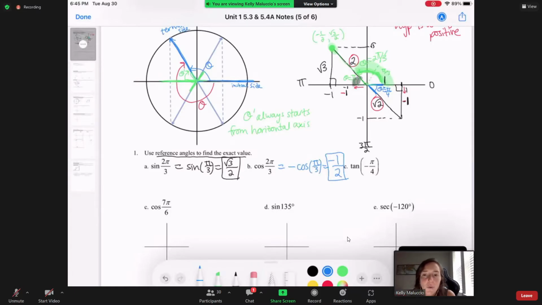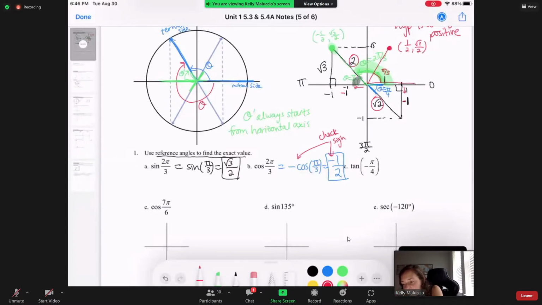If you didn't have a calculator for these, I'm looking for a reference angle, and then I'm making sure the sign is correct. Because if you just thought of cosine of pi over 3, so pi over 3 was this guy here, and this point is 1/2, square root 3 over 2.